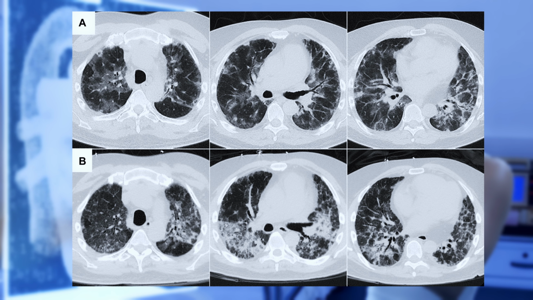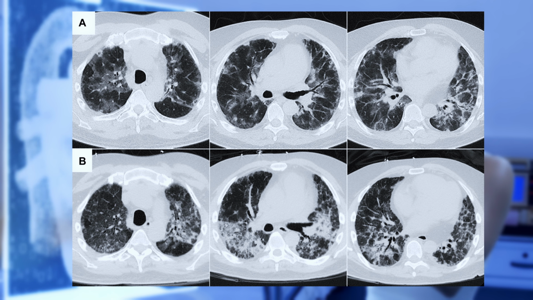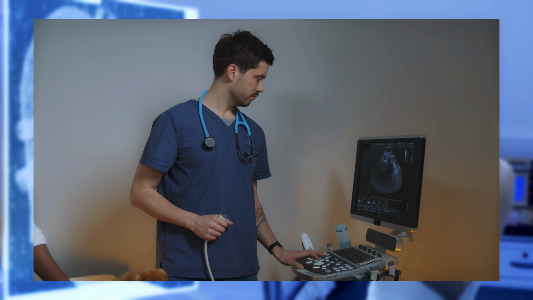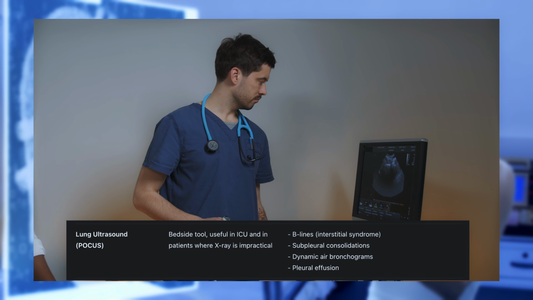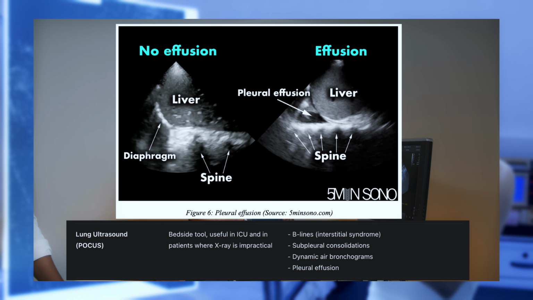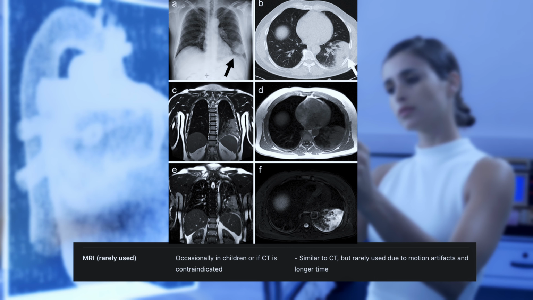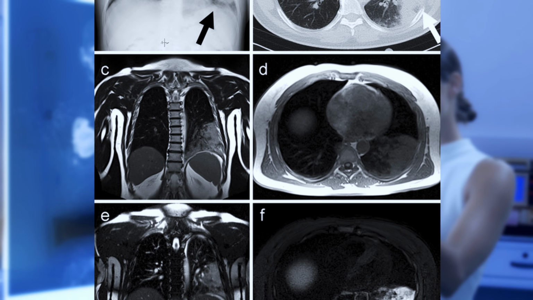Chest CT is a more detailed evaluation used when X-ray is inconclusive or complications are suspected. Lung ultrasound is a bedside tool used in the ICU and in patients where X-ray is impractical. The lateral decubitus X-ray assesses mobility of pleural effusion, and MRI is used occasionally in children or if CT is contraindicated.